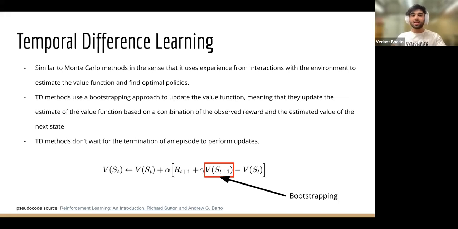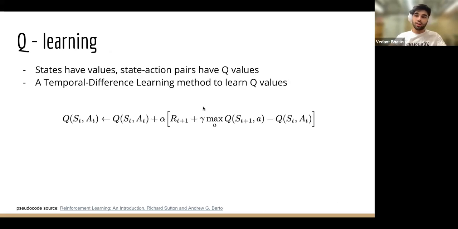So we're using an estimate to update the current value function as well. That's called bootstrapping. And the second key change is that we don't wait for an episode to go to completion. We can do this incrementally at each time step.